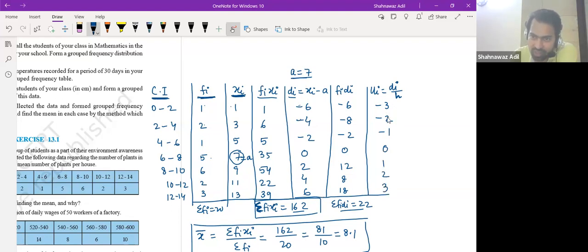So we have smaller numbers now, right? This was big numbers before.